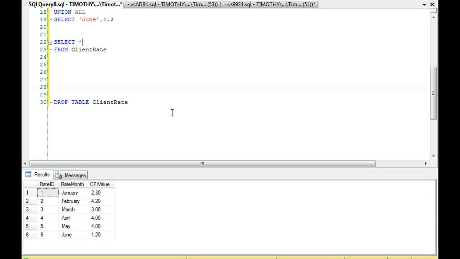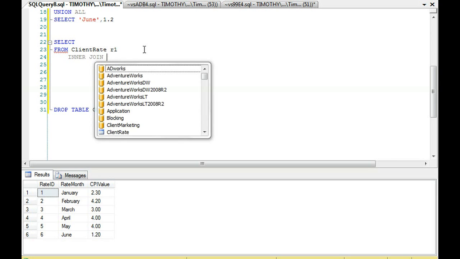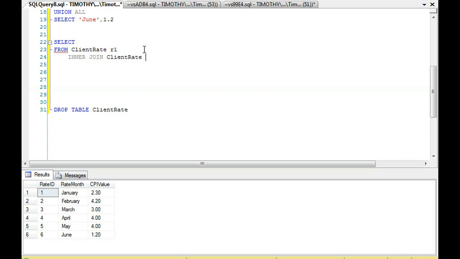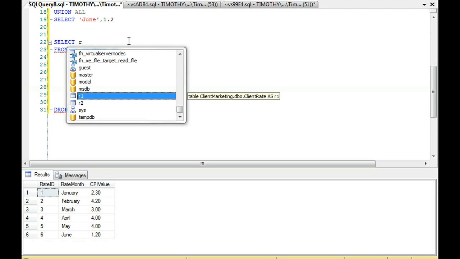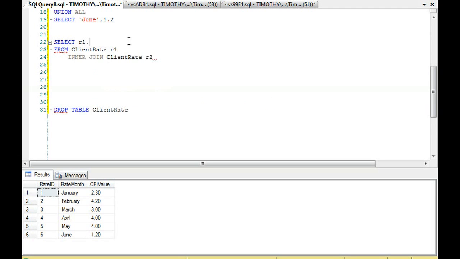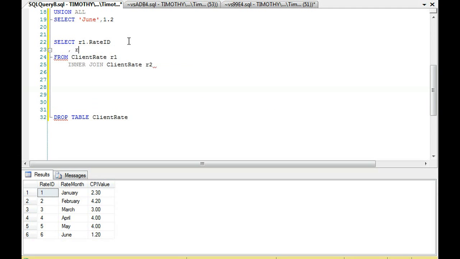So when we're calculating a rate, the very first step is we're going to be referring to our identity field. And the biggest part of calculating a rate is we are going to do a self-join.